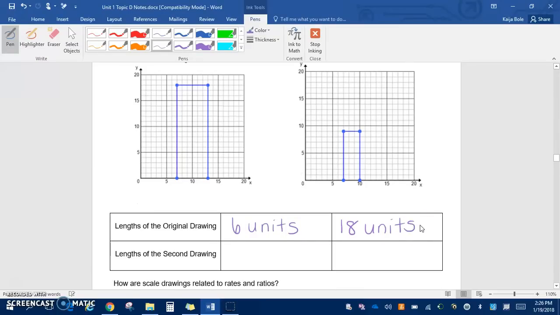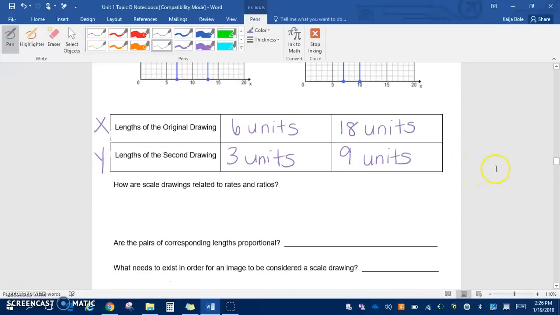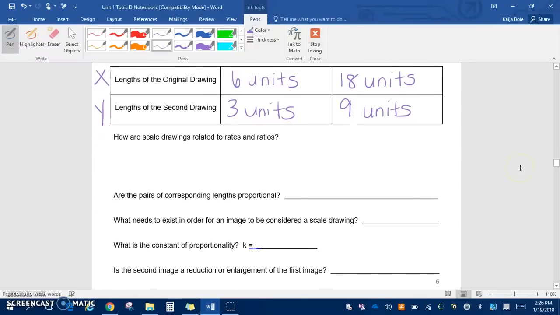And we're going to compare that to the second drawing over here. If we look at the bottom, we're going from 7 to 10, so this is 3 units. And then going vertically, we're going from 0 up to 9, so we're at 9 units. And then the tables, we're going to label X and Y just as we have been. The top is X, the bottom is Y. Because the next question asks, how are the scale drawings related to rates and ratios?